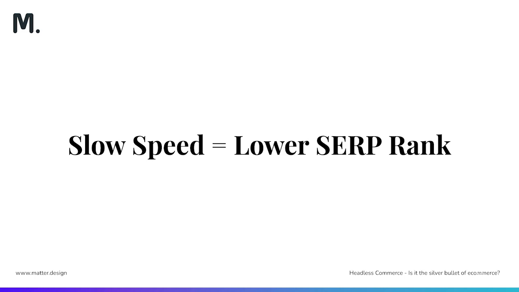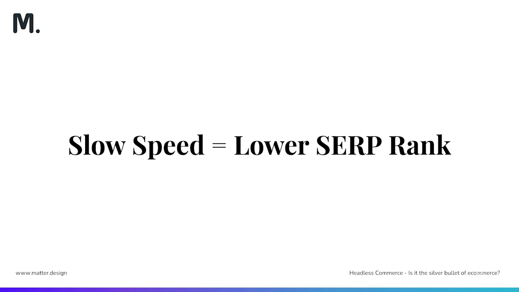If your site is slow, you'll be getting a lower search result page rank. So from a technical point of view on your website, it's really important that your website is set up to give yourself the best chance to rank high on Google.